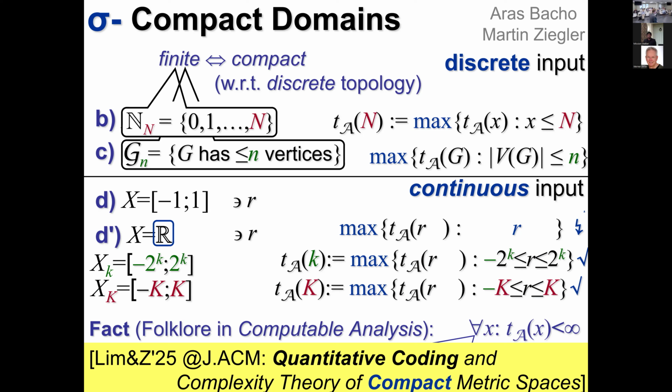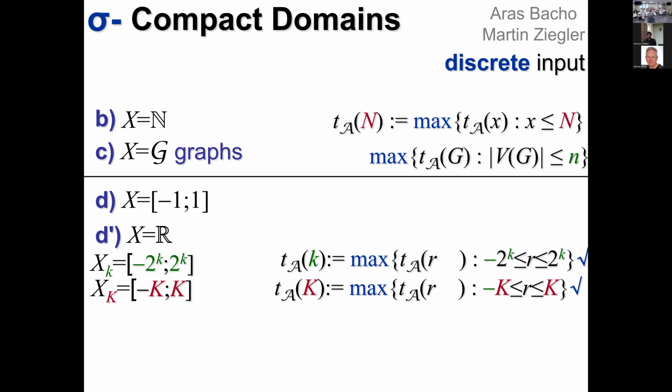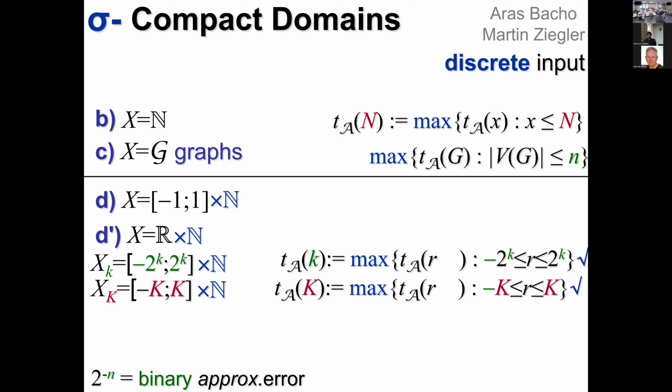Now, as I mentioned before, usually in this setting we want to approximate the output, so that's why we added this additional error parameter n. So now we actually have two parameters. One is the approximation error, which can be binary or unary, and the other is the parameter which restricts the domain to some compact subsets.